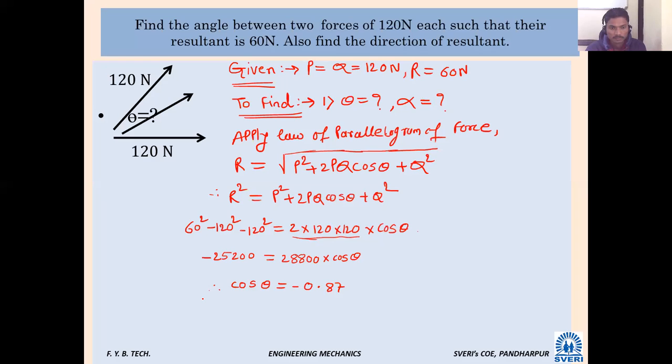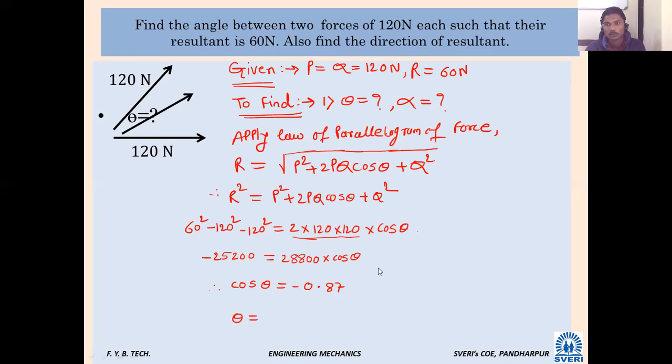Therefore, calculate cos inverse of minus 0.87. You will get the answer for theta. Just check, because the value of cos does not go beyond 1.